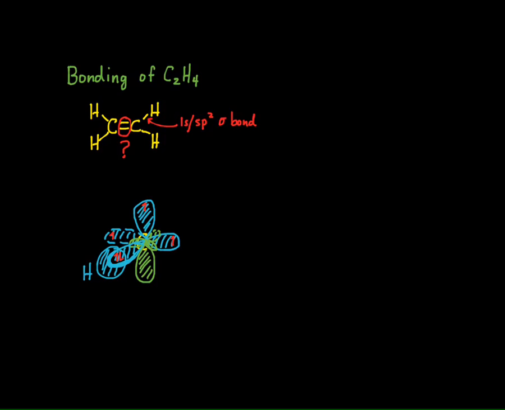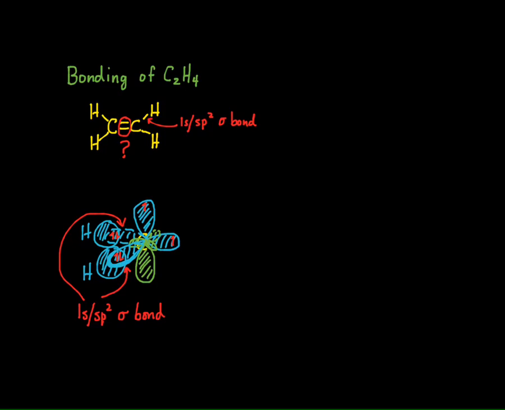And so we get a pairing of electrons because the hydrogen contributes one electron. And then on the other side, another hydrogen 1s orbital comes in and pairs up its electron to form another sigma bond. So these are sigma bonds that are 1s-sp2 sigma bonds.